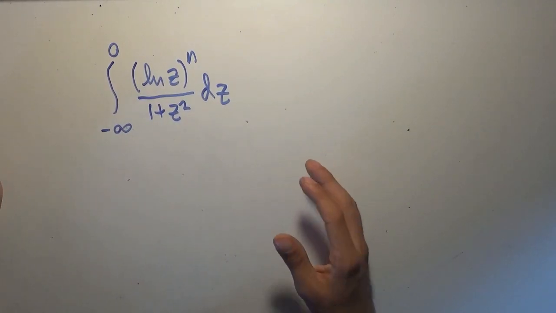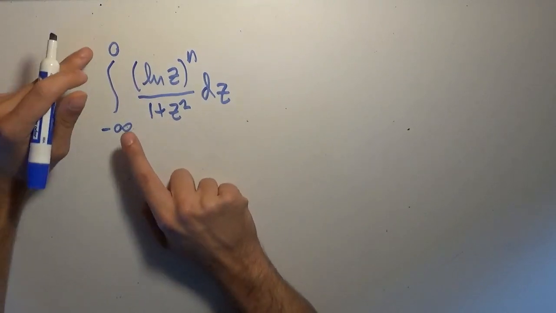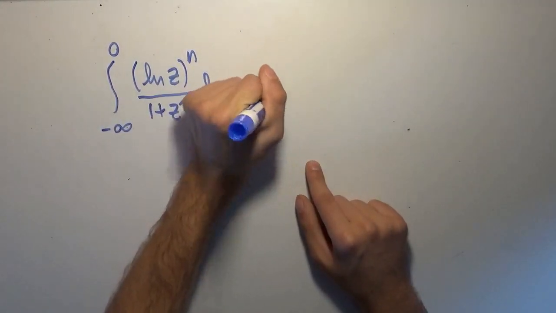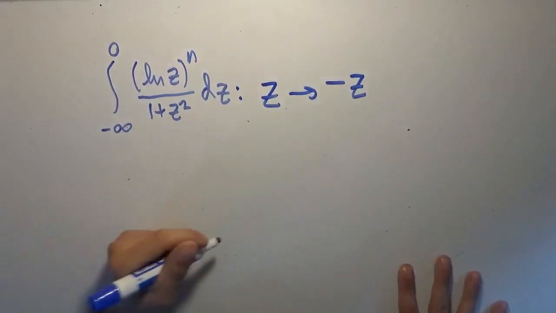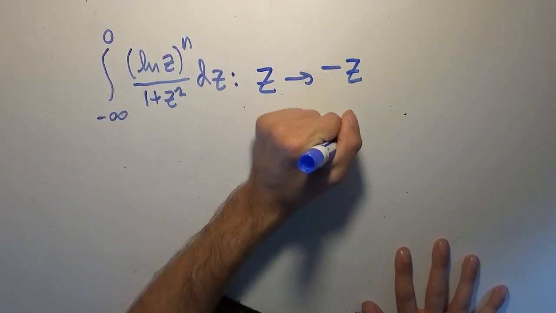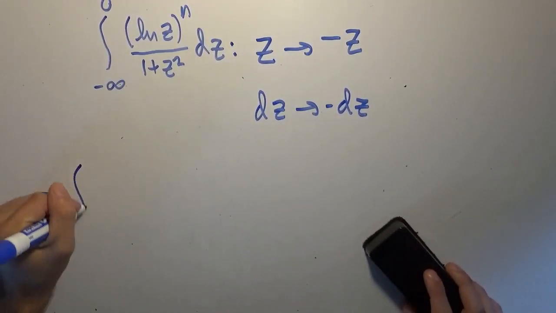So the way we're going to do that is make a simple substitution from z to negative z, so that these become the negatives of what they are. We let z become negative z, which is a simple statement because it just means that dz becomes negative dz by simple differentiation. What do the bounds become?